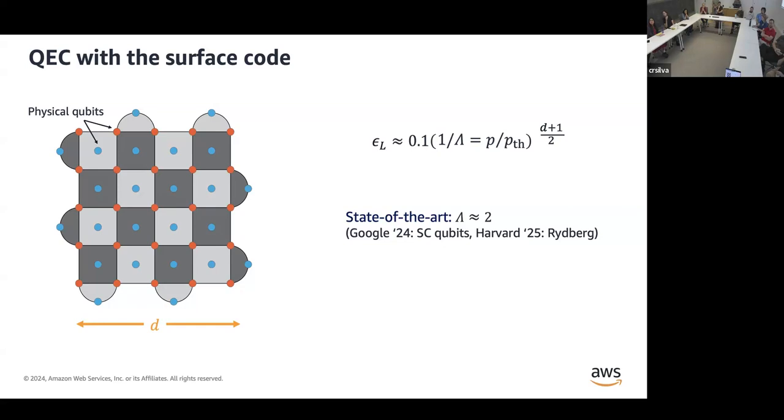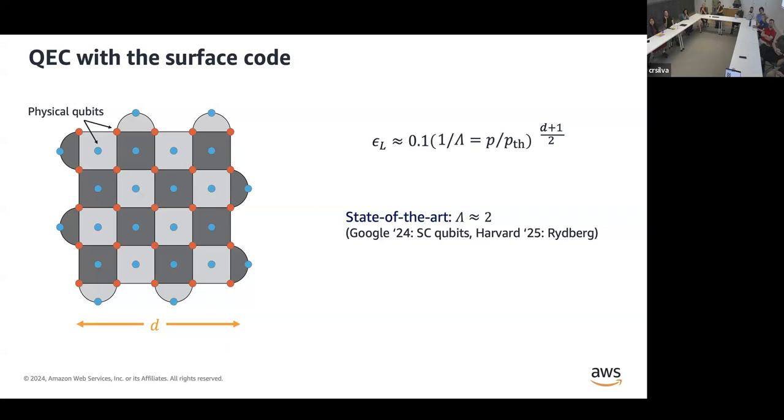This is a quantum code where you put qubits on a square. Your physical qubits, which will encode the logical qubits, are these reddish dots. And you have extra qubits, these blue qubits, which we call ancilla qubits.